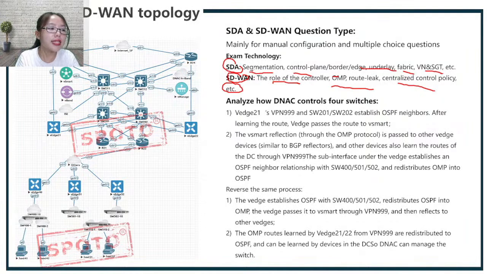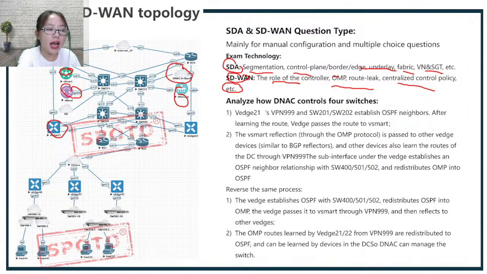Okay, the candidate should understand the role of each controller, such as how to pass routes through a controller in this device: vSmart, vBond, and vEdge and vManager between controller and DNAC.